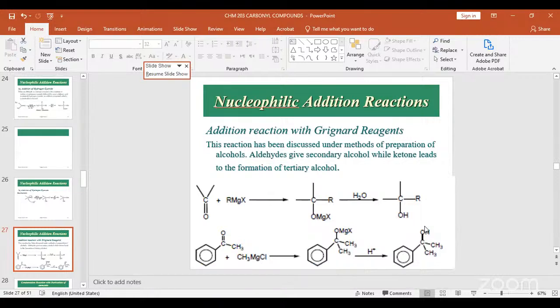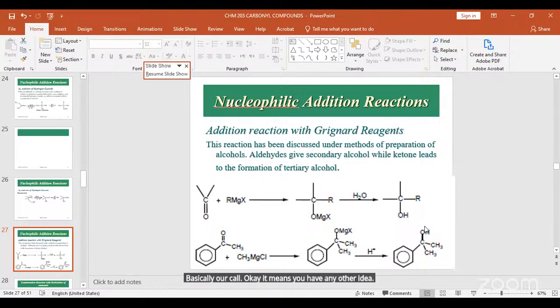Also, the carbonyl compounds react with Grignard reagents. As a rule, when you have methanal, you're going to have a primary alcohol. When you have a secondary alcohol, then it means you have any other aldehyde.